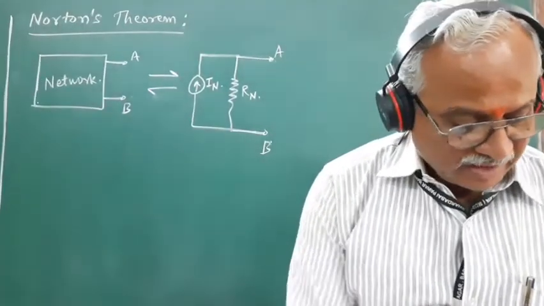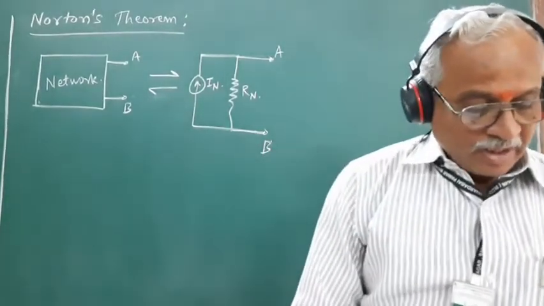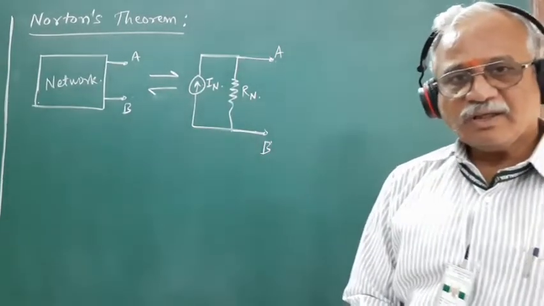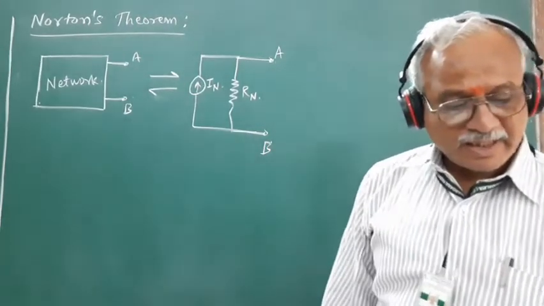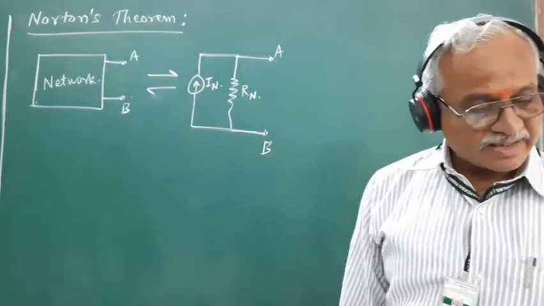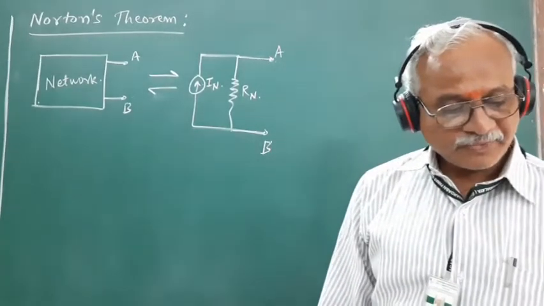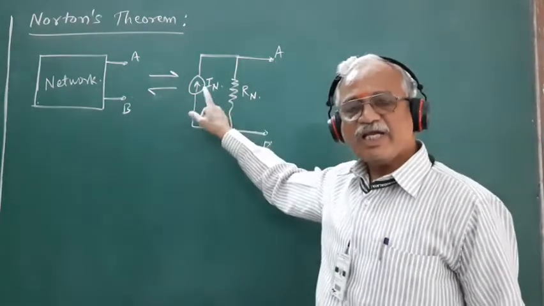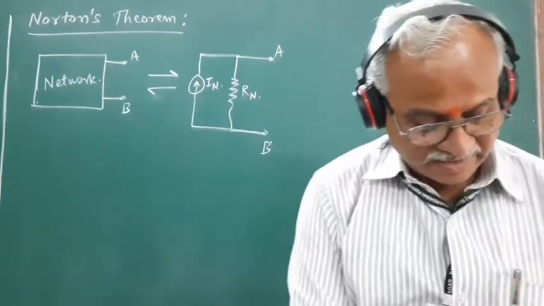So we can state Norton's theorem like this: any two-terminal linear network containing sources of EMF and resistances can be replaced by an equivalent circuit consisting of a constant current source IN in parallel with an equivalent resistance called Norton resistance.